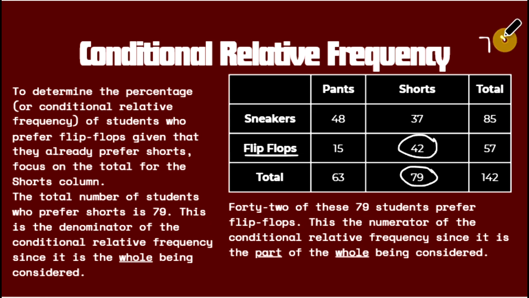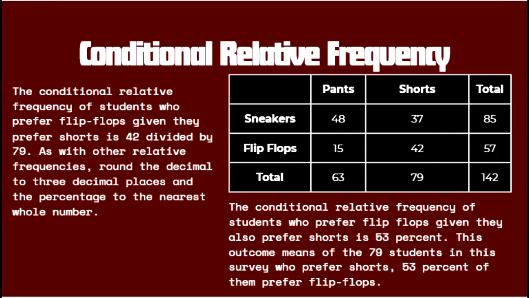So it would be 79 on the bottom and 42 on the top. 42 of these 79 students prefer flip-flops. This is the numerator of the conditional relative frequency since it is the part of the whole being considered. The conditional relative frequency of students who prefer flip-flops, given that they prefer shorts, is 42 divided by 79.